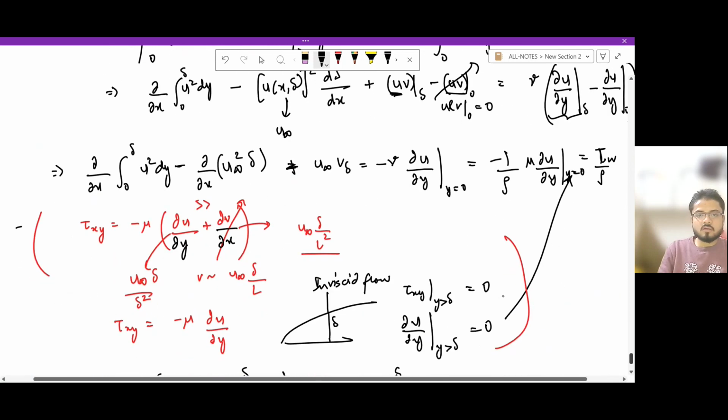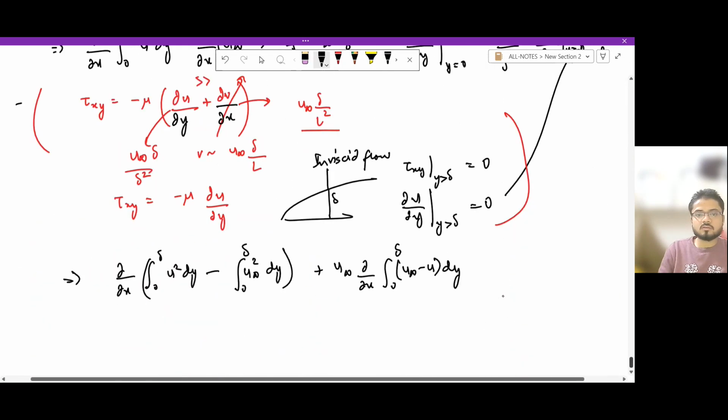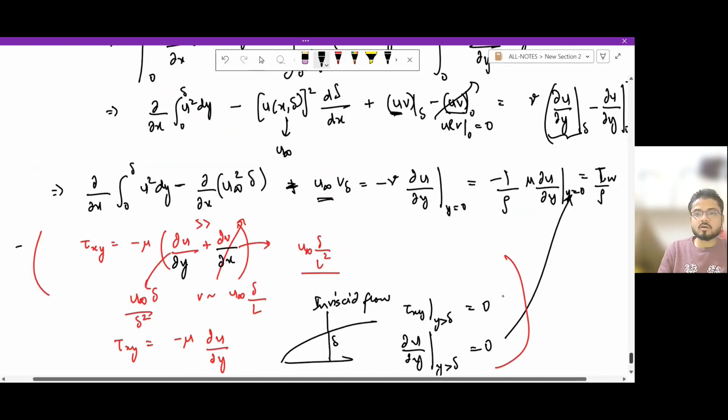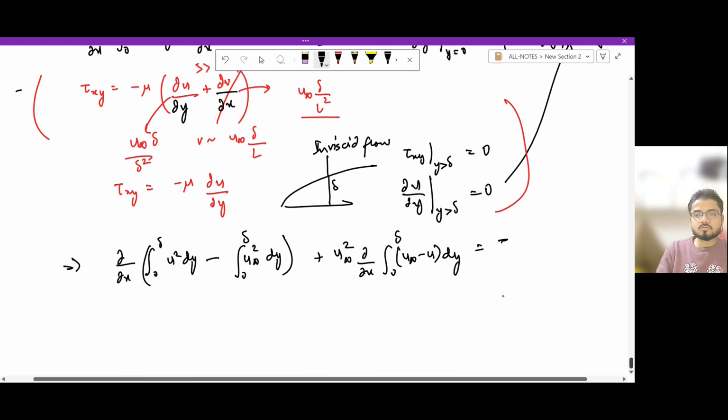And you have one extra u infinity right here, so you obviously need to square it up. And this is equal to tau wall over rho. Everything right here becomes something like this: integral 0 to delta of u squared minus u infinity squared dy plus del over del x, 0 to delta.